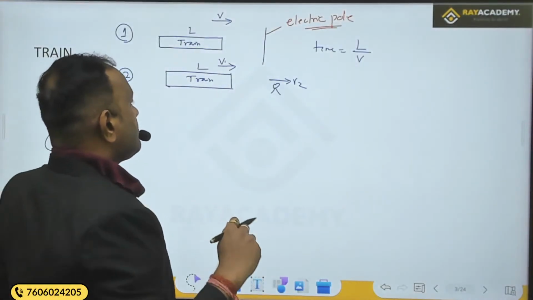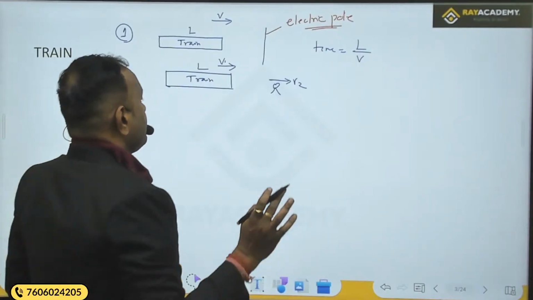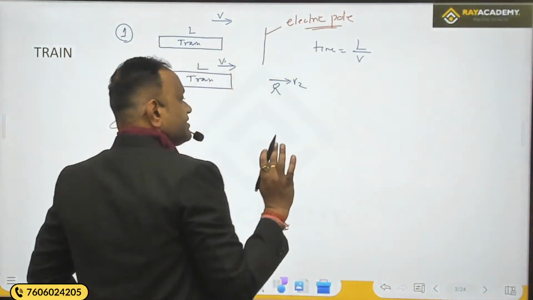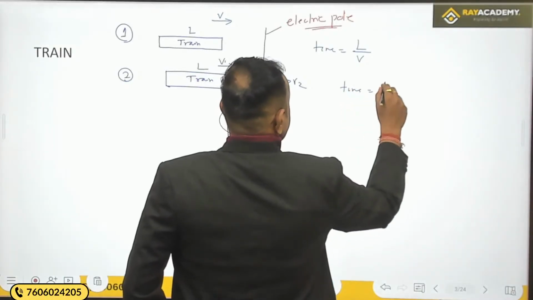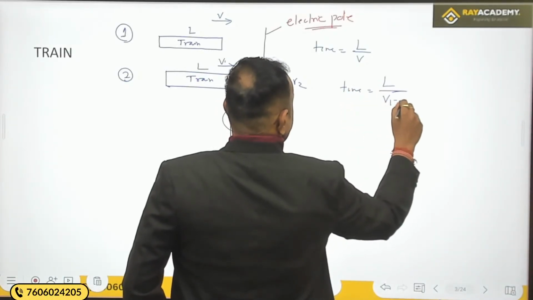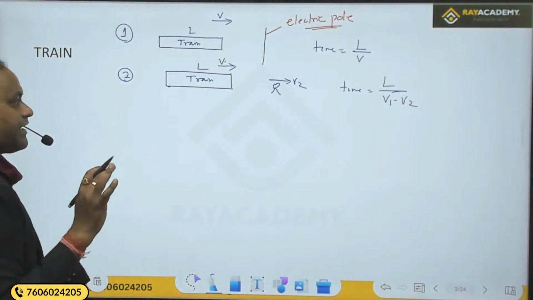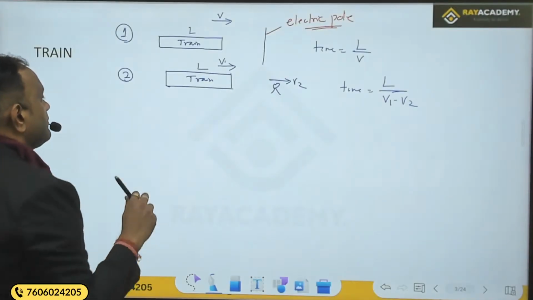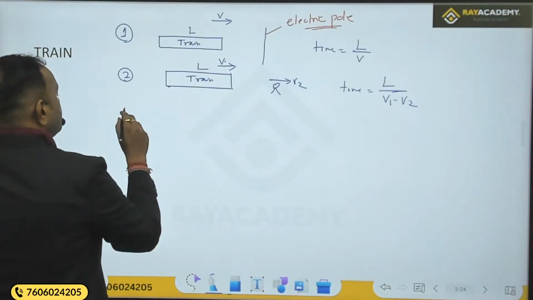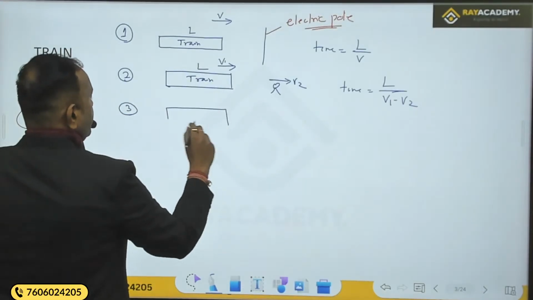So the time required by the train to cross the person traveling on a bike with a speed of v2 will be L by v1 minus v2, where v1 is the speed of the train and v2 is the speed of the person traveling on the bike. They are traveling in the same direction, relative speed concept, if you remember.